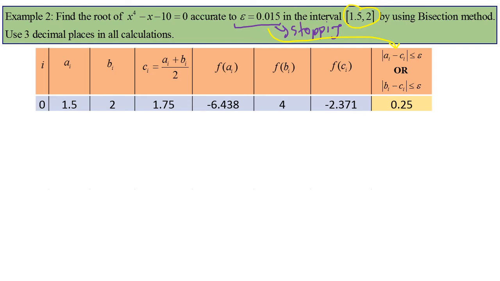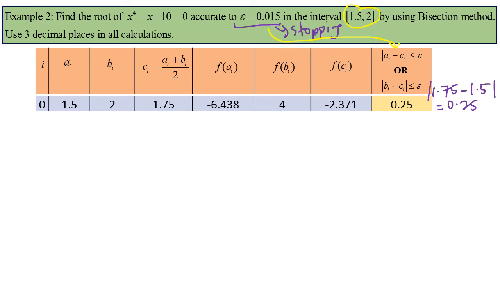This epsilon 0.25 I obtained from 1.75, which is C, minus 1.5, or 1.5 minus 1.75, also the same because we have an absolute value here, so I got 0.25. If you use 2 minus 1.75, you also get the same value. This is still not 0.015 as stated in the question, so you have to continue your iteration.